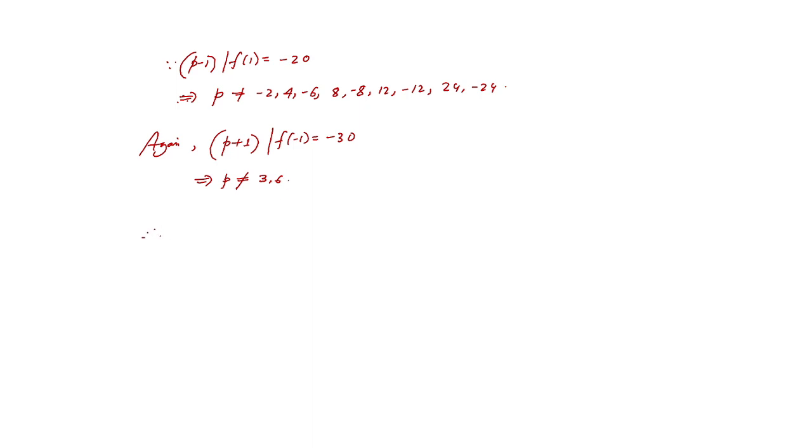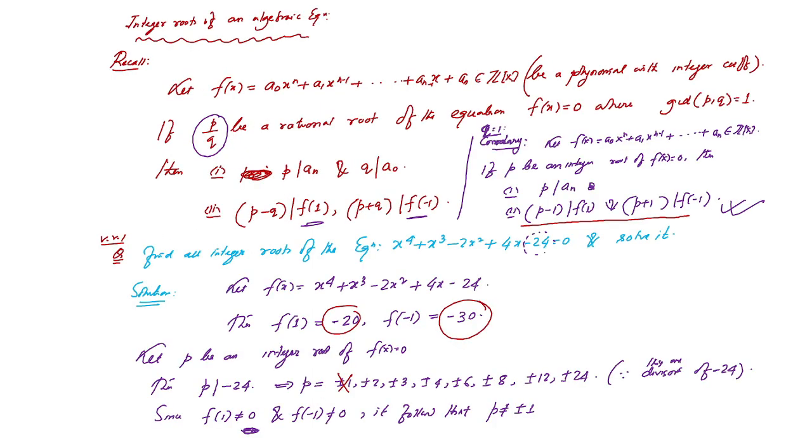Therefore from this table, 2 is possible, minus 2 is not possible, plus 3 is not possible, minus 3 is possible.